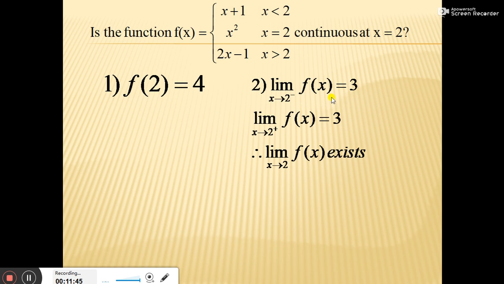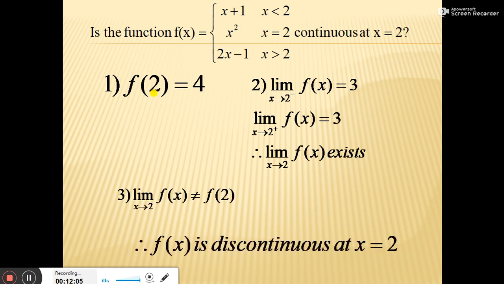The left hand limit and right hand limit are both equal, and therefore the limit as x tends to 2 of f(x) exists. But in this case the limit of the function is not equal to the value of the function, and then what can you say? This function is not continuous. That means this function is discontinuous at x equal to 2.